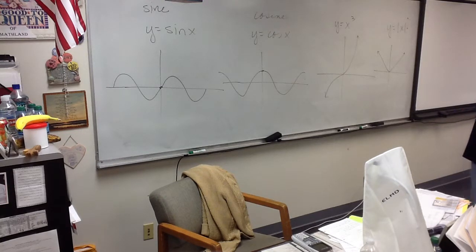So here's what I'd like you to do. I'd like you to look at graph number 2. What shape is that? That's a V, which means it's an absolute value. So if you look at your list of equations, number 2 has to be paired with G, because that's the only absolute value. Would you agree with me?